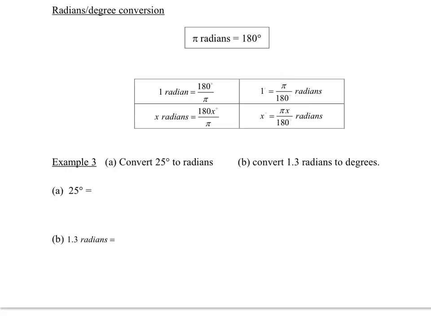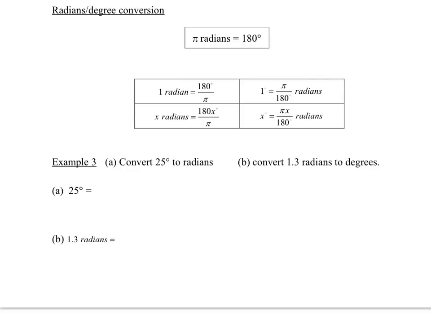If you wanted to get 5 degrees, you would do pi times 5 divided by 180, and that would give you the number of radians. In the same way, if you want to convert radians into degrees, take your number of radians, multiply it by 180 and divide by pi.